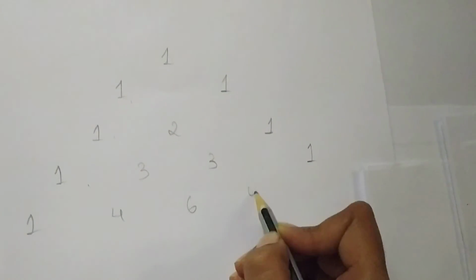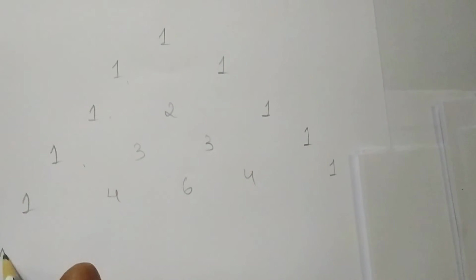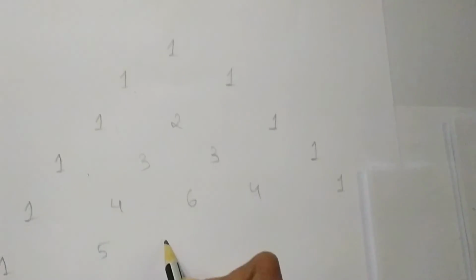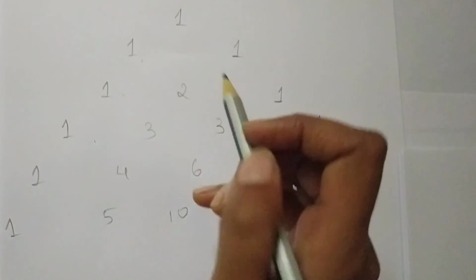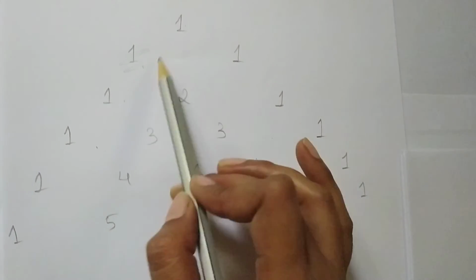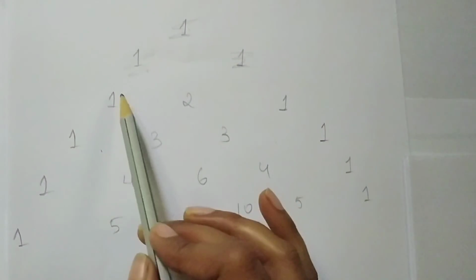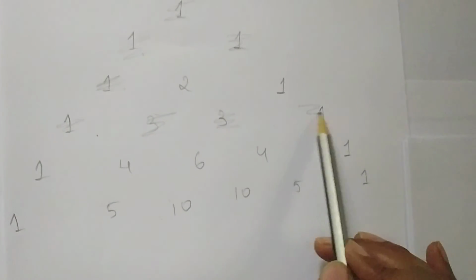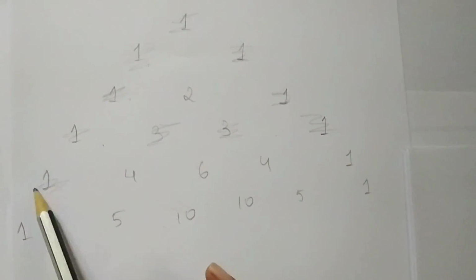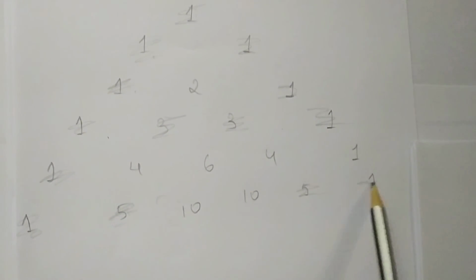This is row 5. Just shade the odd numbers. Shade all the odd numbers. We get a Pascal's triangle.